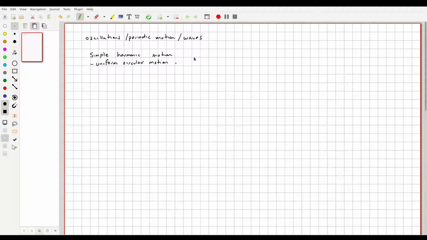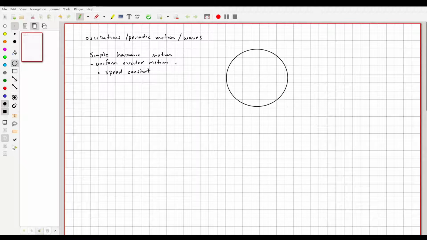I want to say we talked about that somewhere around chapter 3 or 4 in University Physics 1. Some of the important aspects of uniform circular motion is that the speed is constant. Now, to be clear, that doesn't mean the velocity is constant.